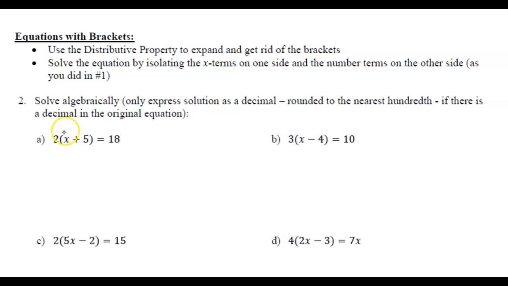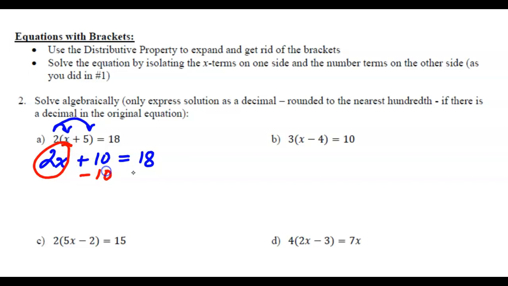So here, when I expand, remember it's called the distributive property because you're distributing the 2 into everything in the bracket. That's 2x plus 10. And then you copy out the rest, equals 18. Now, just have to isolate the term with x.